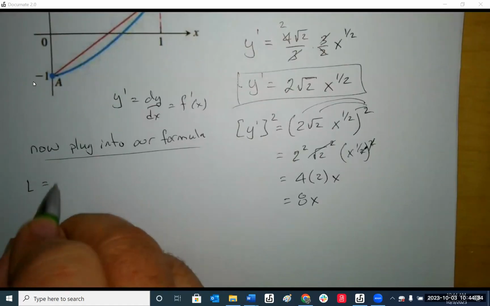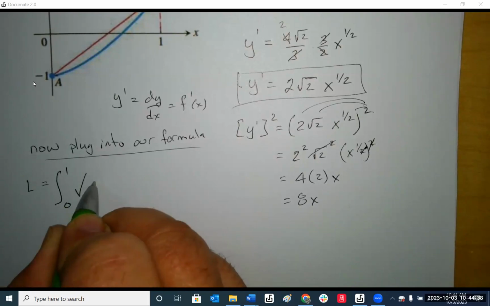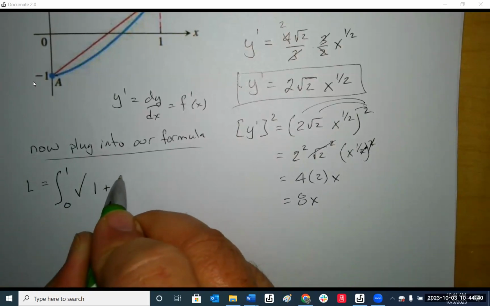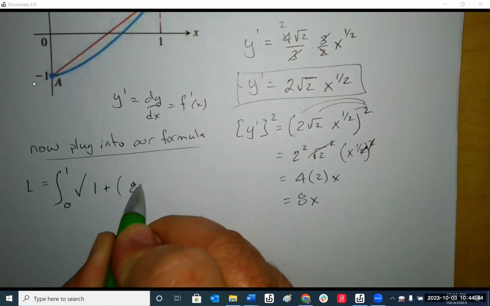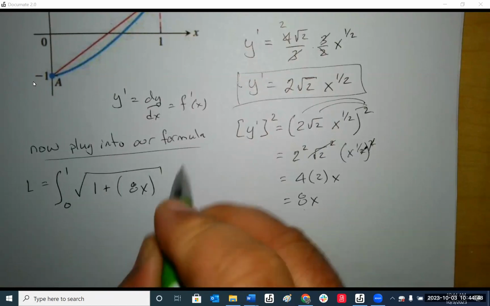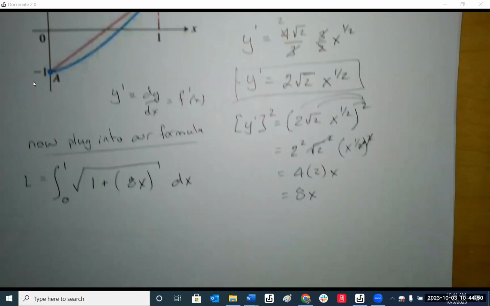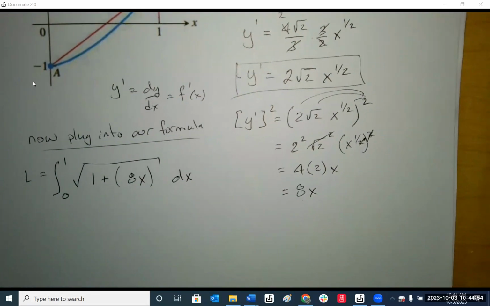L equals the integral from 0 to 1 of the square root of 1 plus 8x dx. This equation looks a lot easier to work with.